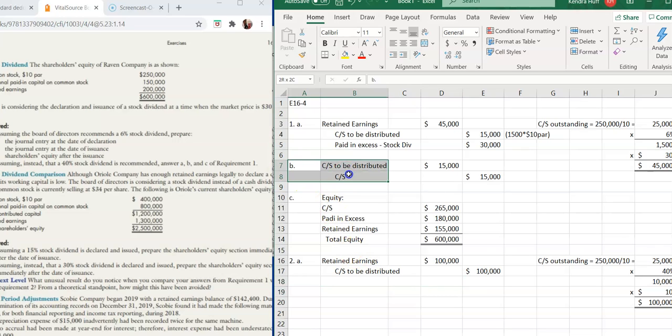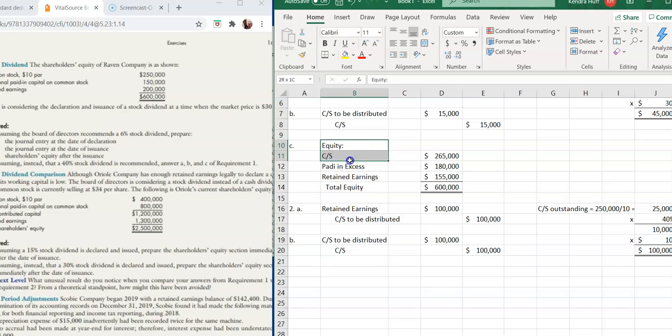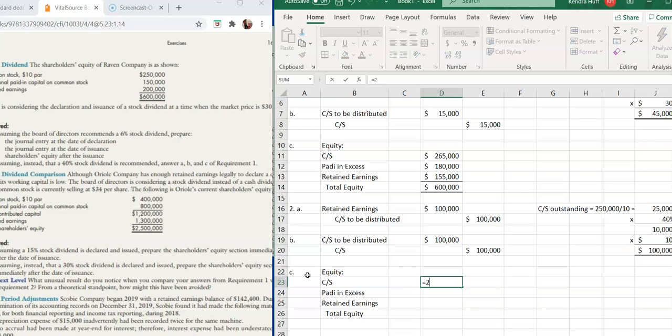And B is the same entry for 100. And then equity is the same stuff. All right, common stock was 250. We added 100. Paid in excess was 150 and it's staying the same.